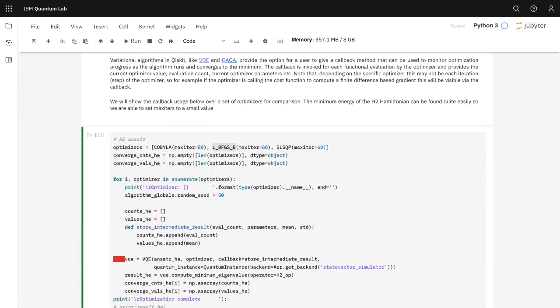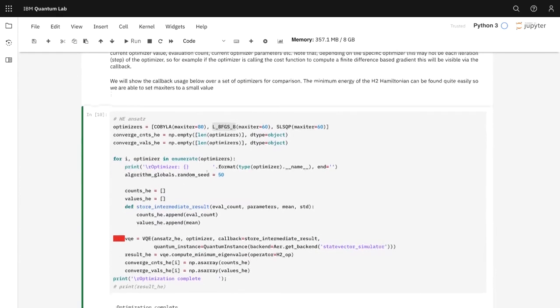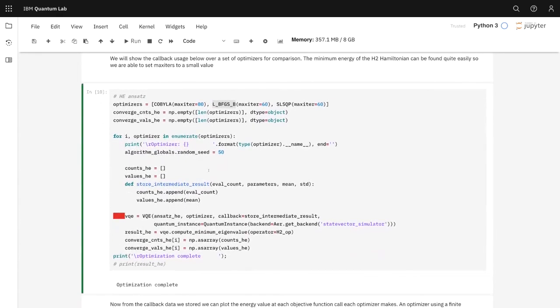But this is all just to show how the optimizer can affect your results. So here we set this array of optimizers, and for each optimizer we're going to run the VQE and use this callback function to store intermediate results.